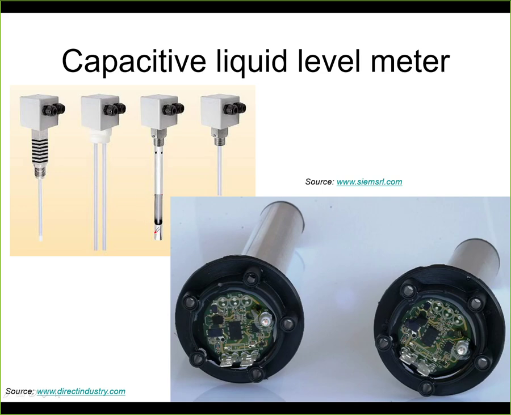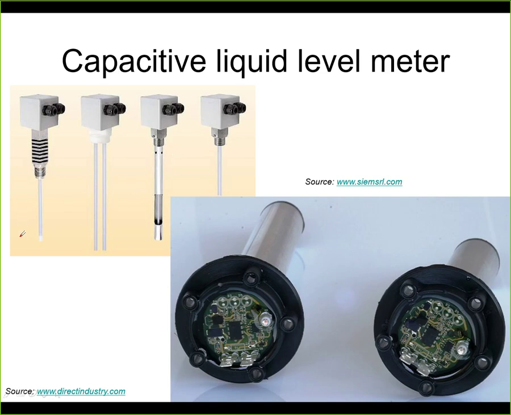Here we see inside of the sensor. Here we see the tube, that's the external electrode. Here we see the internal rod, that's the internal electrode. And again, there will be some openings in the bottom to allow the liquid to enter. And here those two holes to escape the gas from inside.